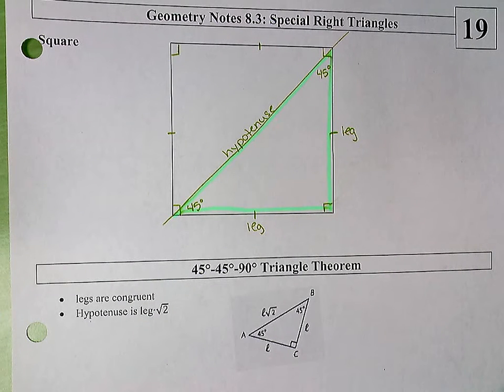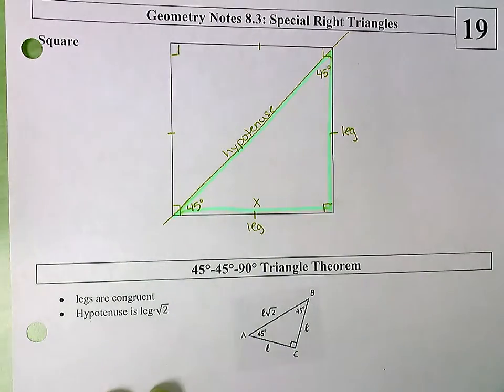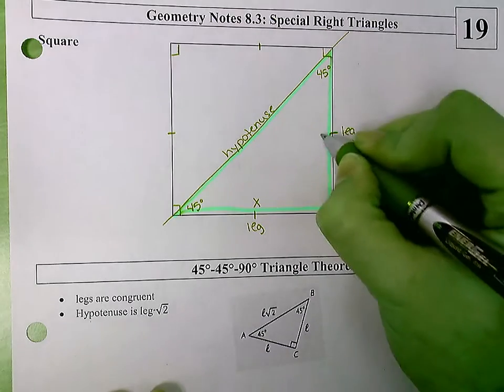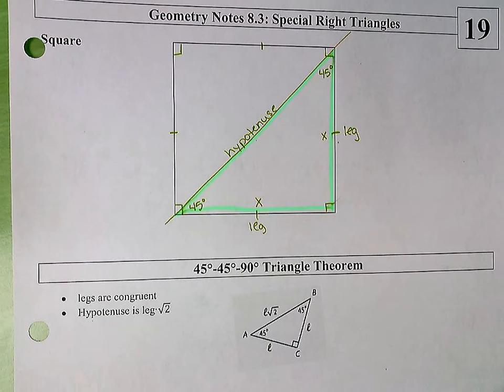Now what I want to do is derive the formula that we're going to use today. If I label one leg as x, the other leg has to also be x, because we said this was a square and we labeled those sides congruent. So both of those legs I'm going to label as x.